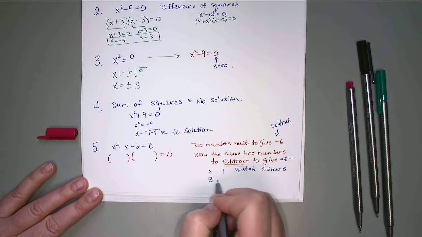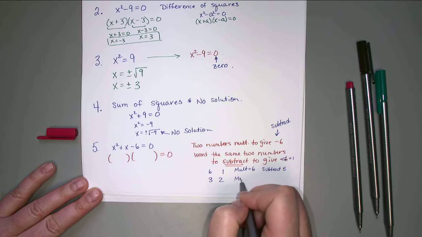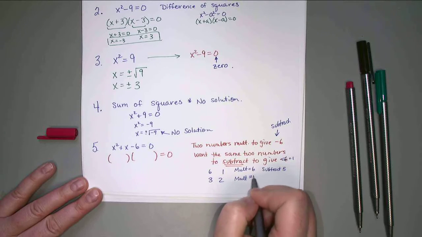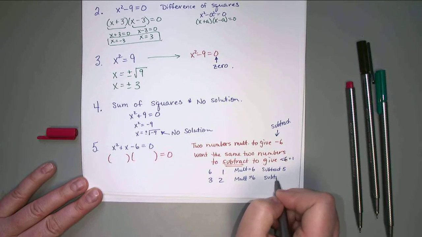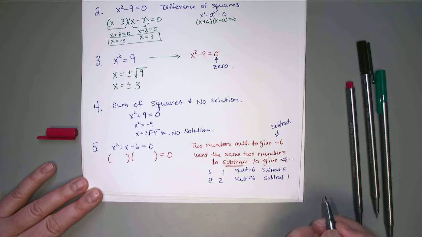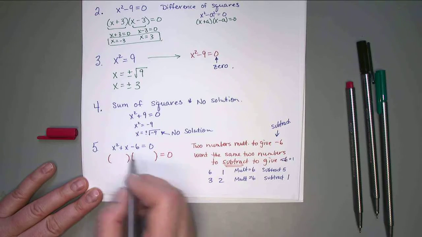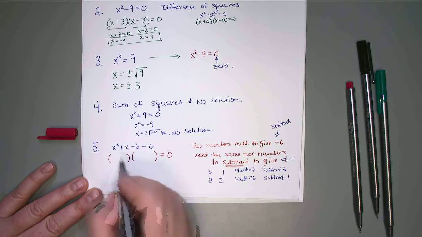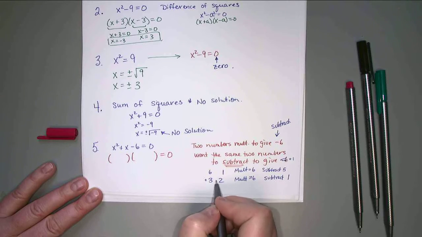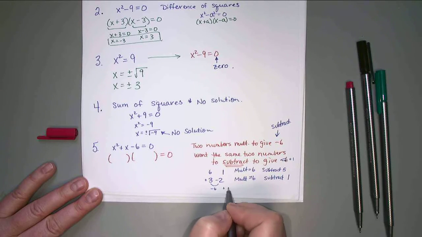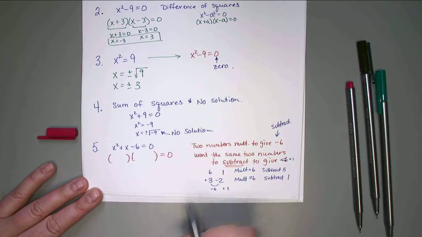So 3 and 2, those also multiply to give 6, and they subtract to give 1. So in order to subtract to give a positive 1, because there's a positive 1 here, this would be plus and minus, and they multiply to give negative 6, and they add to give a positive 1. Or they subtract to give a positive 1.